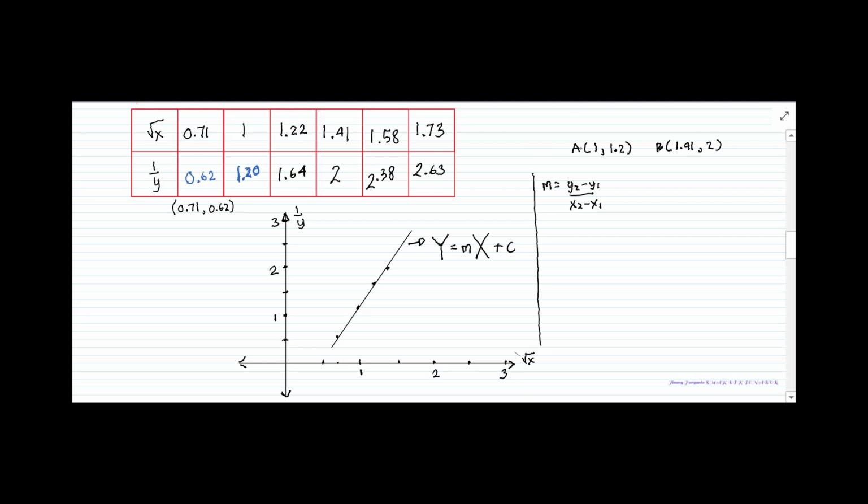Okay, this is called x1 and y1, x2 and y2. Let's plug it into the gradient. y2 is 2 minus y1, 1.2, over x2, 1.41, minus x1, which is 1. And then we will have the gradient is 1.95. So I have the gradient now.